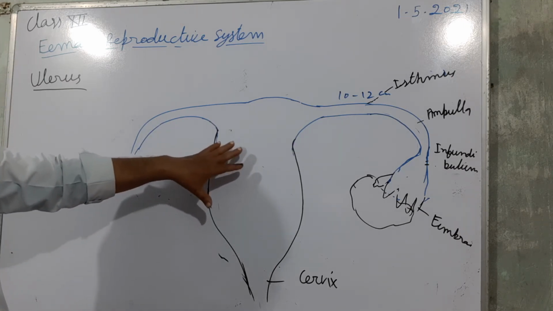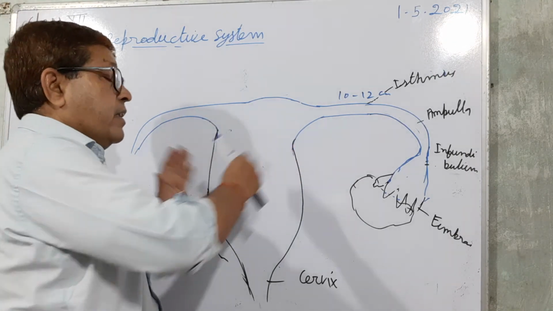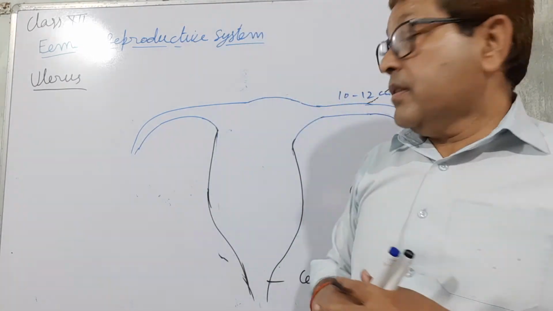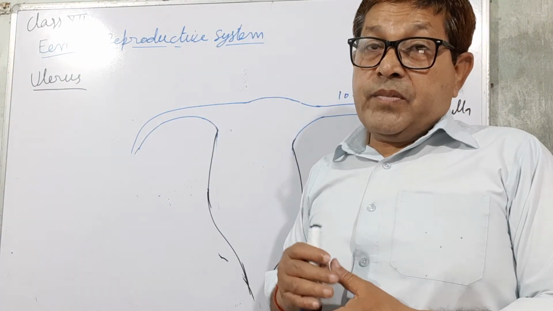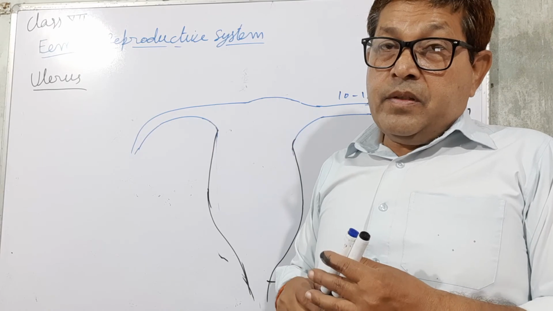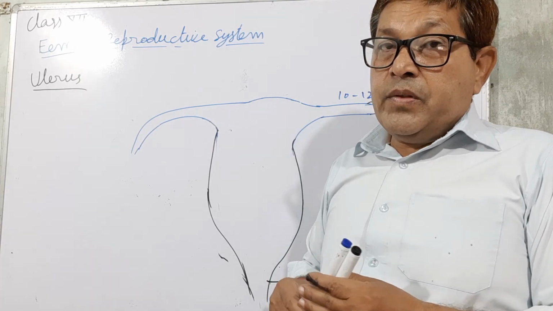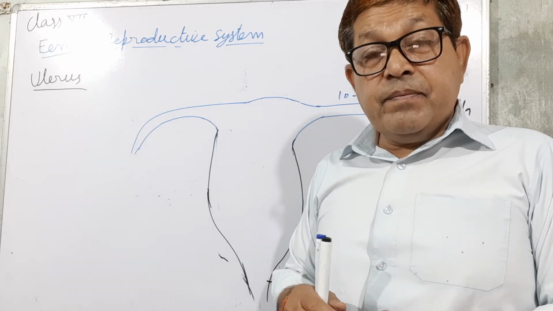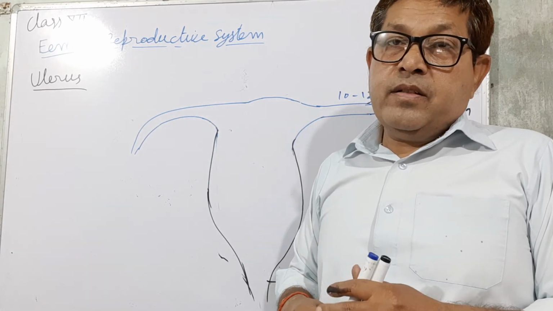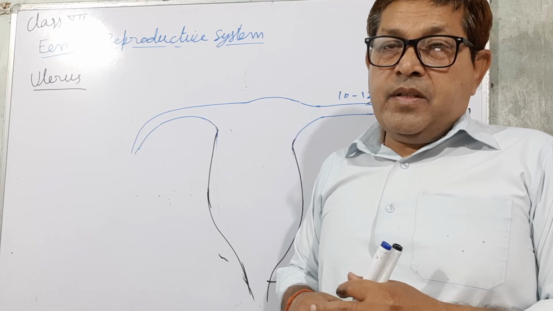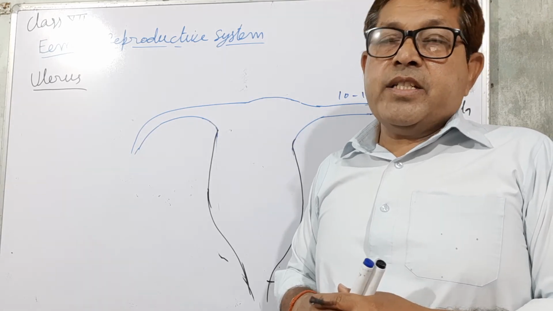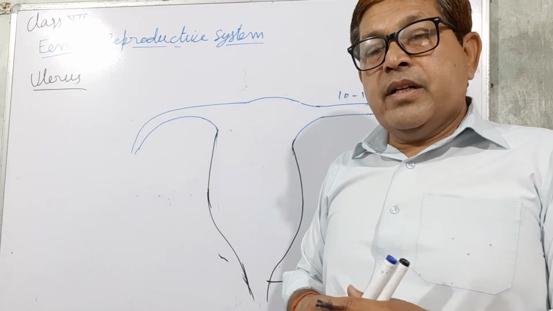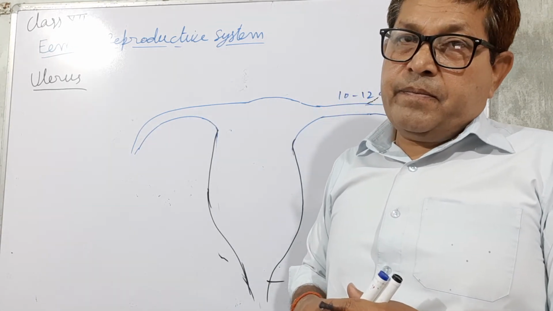So once again, the uterus is an inverted pear-like structure. It opens into the vagina via the cervix, and it is attached to the body wall by a ligament.